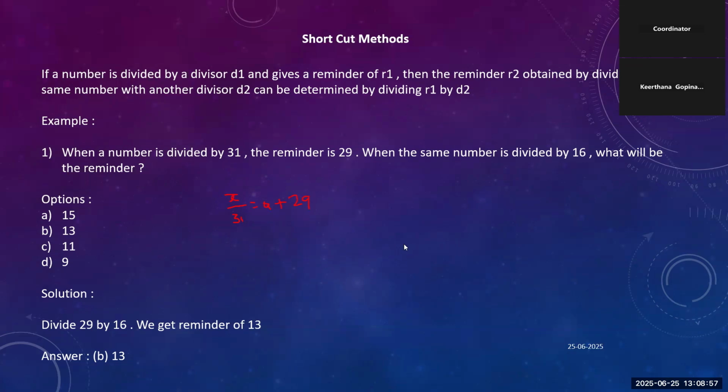When the same number is divided by 16, what will be the remainder? Now the same x divided by 16 equals q2 plus r.